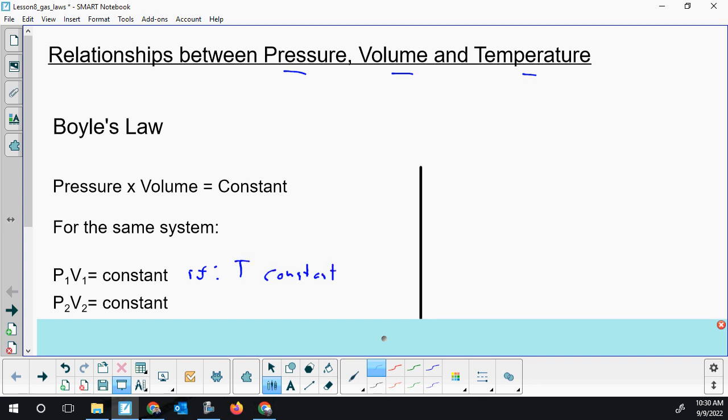I'm just going to put T, okay? So you can't heat it or cool it. And you have to have the same mole or moles of gas. So you can't let any gas out, you can't put any gas in. So you can't have a leak in your balloon. Boyle's law wouldn't work.